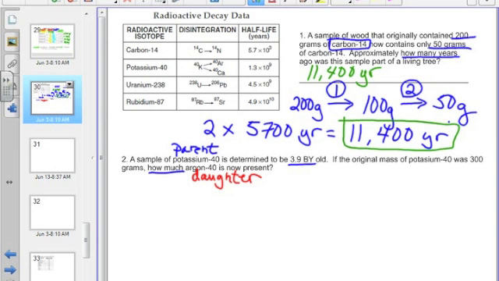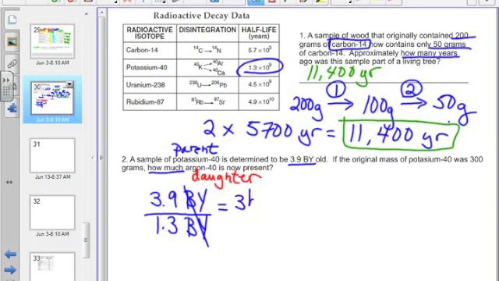Well, to figure out the number of half-lives, all I need to do is take that 3.9 billion years and divide it by the half-life of potassium-40, which is 1.3 billion years. My billion years cancel out, and the math is usually this easy. 3.9 divided by 1.3 gives me 3 half-lives that have passed in order for this change to occur.